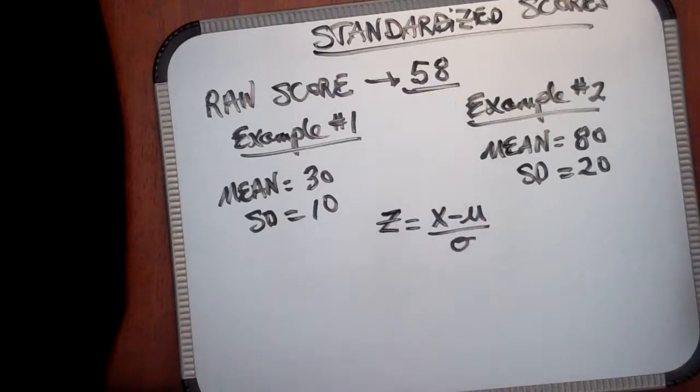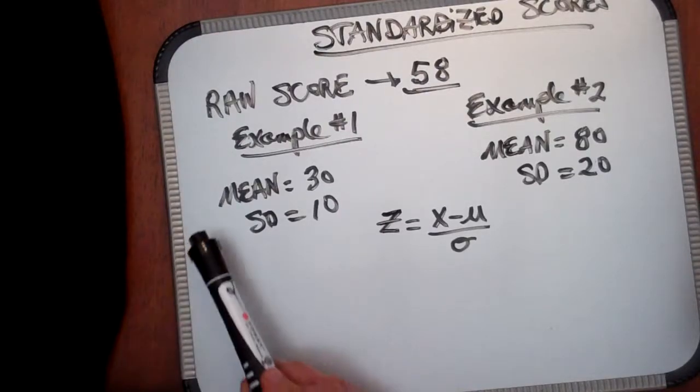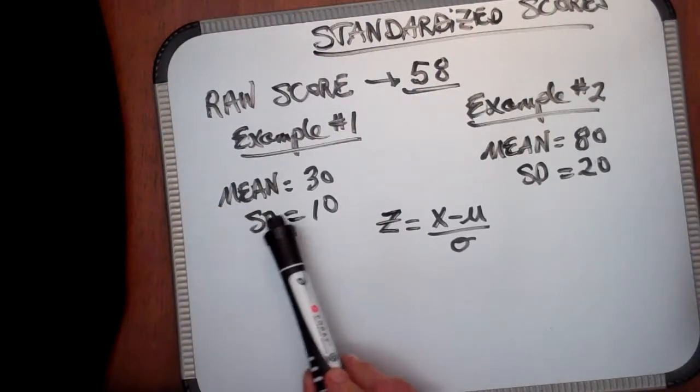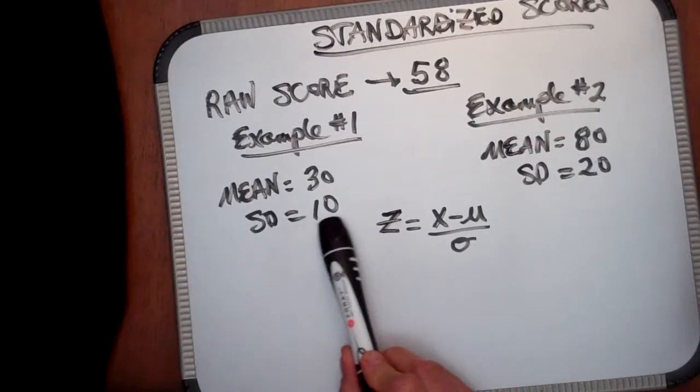Let's say the raw score we're dealing with is 58, and in the first example, let's say that the mean of the distribution that raw score is from is 30, with a standard deviation of 10.